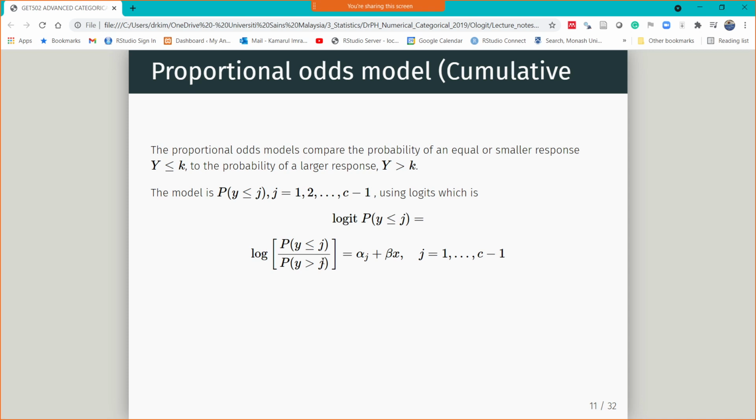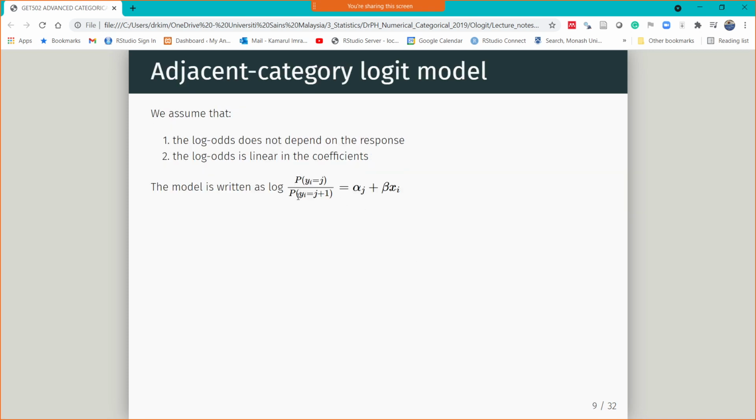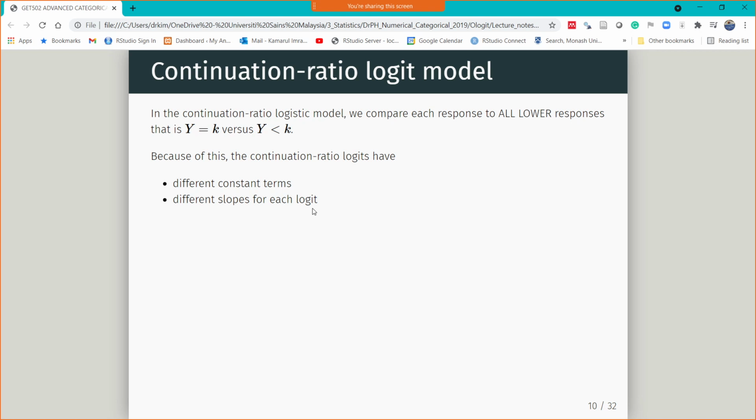Okay. So now what you have is the logit of the probability of y equal or less than j. This one compares between two groups, 1 and 2, 2 and 3, 3 and 4, and also compares using binary logistic regression too.